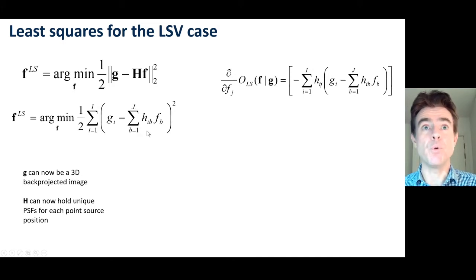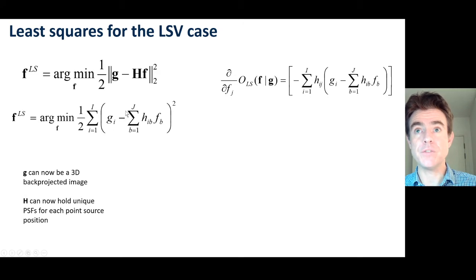So the 2's come down the front, we've kept that expression, and then we're multiplying by the derivative of this. One of these terms will be hij fj, and therefore the coefficient of fj, in order to get the derivative, is just the hij, so that comes here, and obviously we keep that outer summation in place as well.